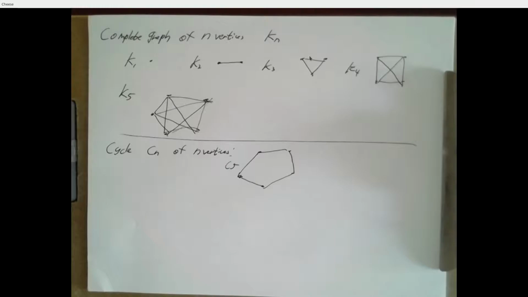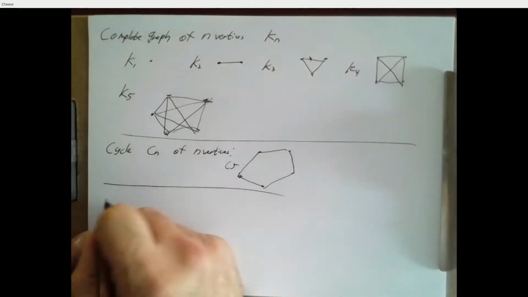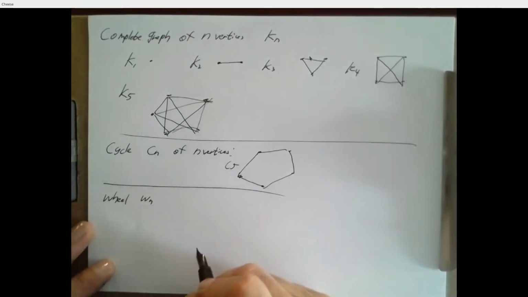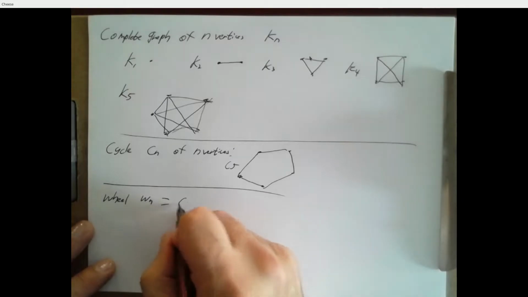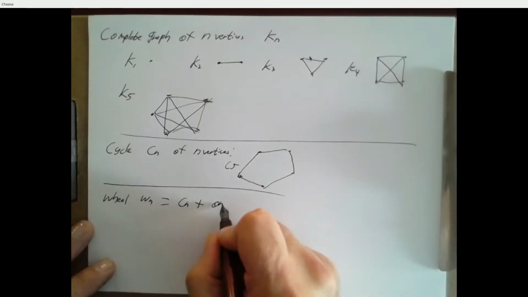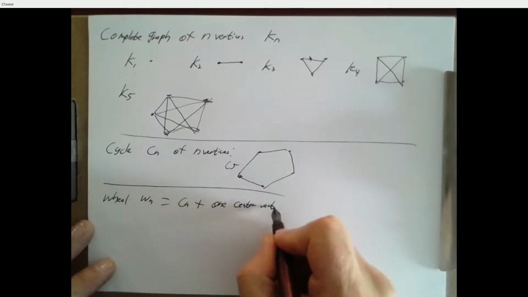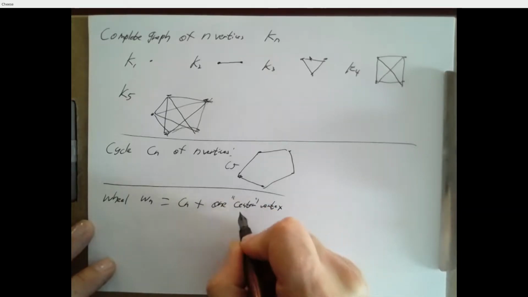So vertex 1 is connected to vertex 2, an edge from 2 to 3, an edge from 3 to 4, and so on, and an edge from the last vertex back to the first. A wheel, Wn, is just Cn plus one center vertex, and I'm putting center in quotation marks.